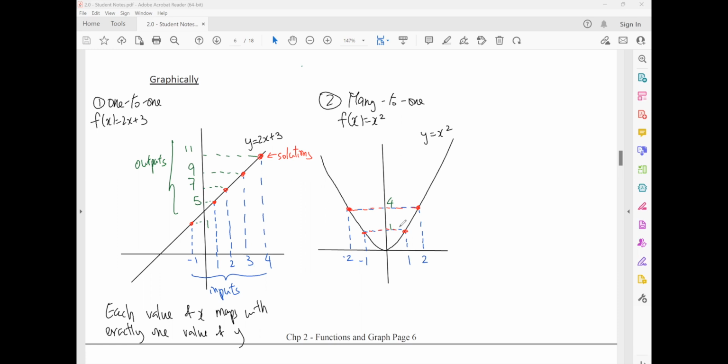As you do more, you'll see each value of x maps with exactly one value of y.